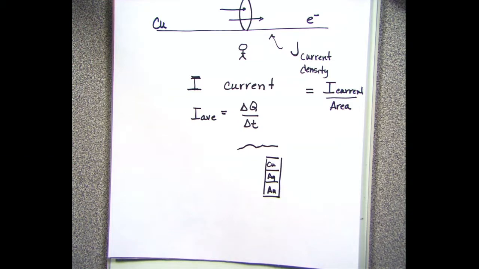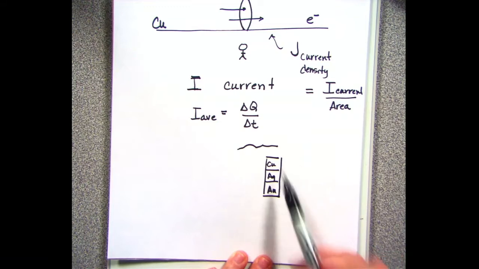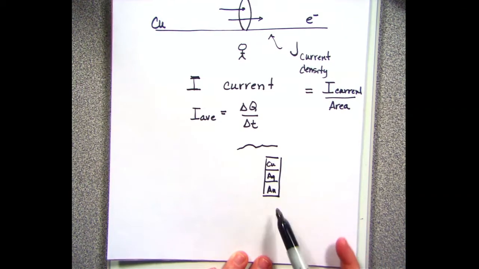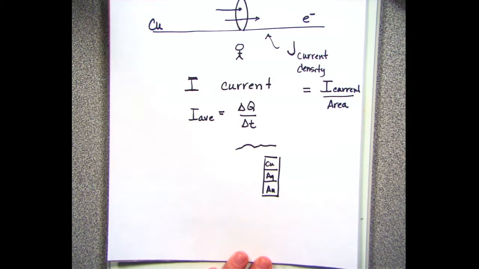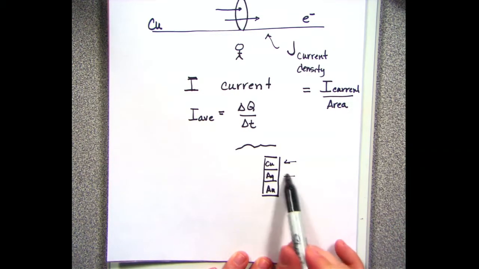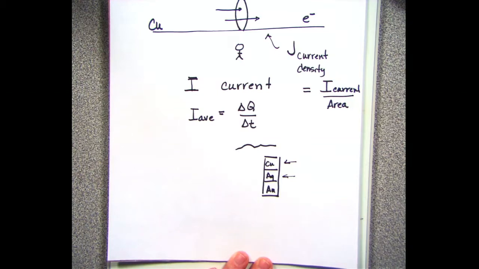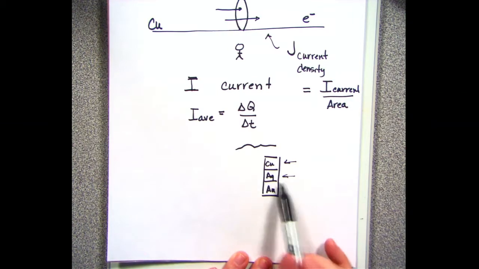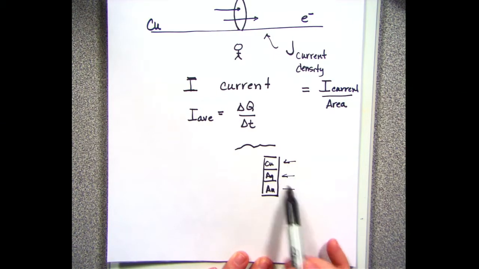But we know copper is going to have fewer electrons than silver, because we've gone down a row on the periodic table, which has fewer electrons than gold. And if I'm looking at how many electrons are available to go through this area, the current density for copper is going to be different than the current density for silver, which is going to be different than the current density for gold.